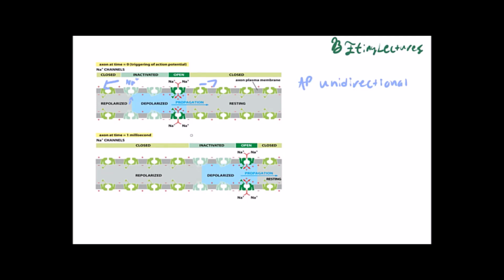So the more sodiums we have in this section, they will get near these channels, and the positive charge on the sodium will induce the channel to be opened, right? So that's why we can actually propagate. So when sodium accumulates on the sides of the cell membrane, it gets near a channel, and the positive charge on the sodium will influence the channel into opening, and that's how we can generate action potentials.